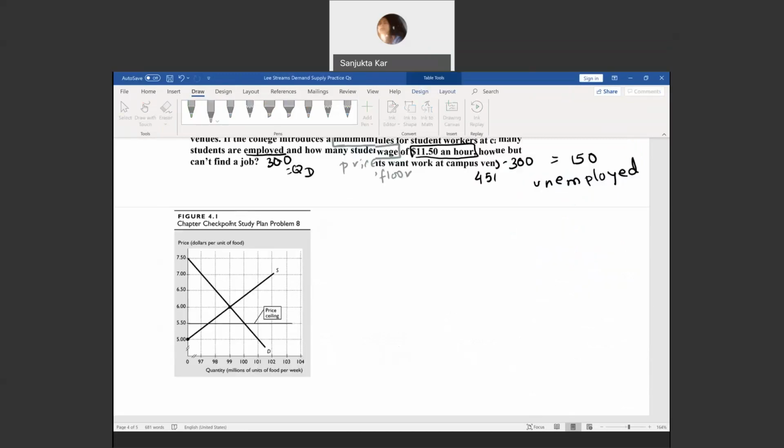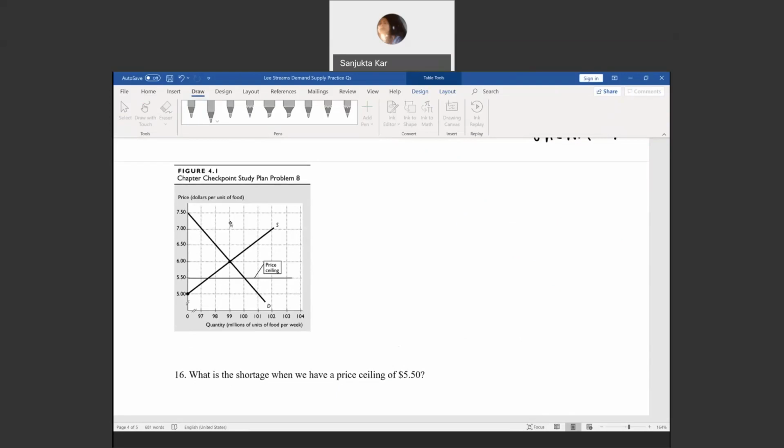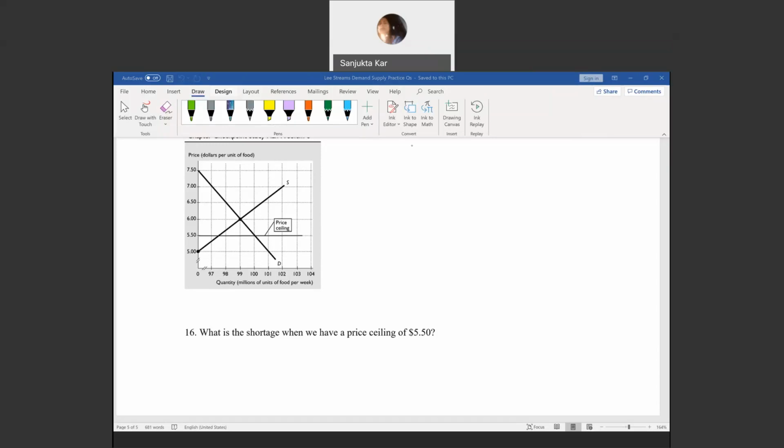Now the last question here, where we have a price ceiling. Okay, so let's see what's going on here. My equilibrium price here is going to be $6 because that is where the demand curve is intersecting the supply curve.